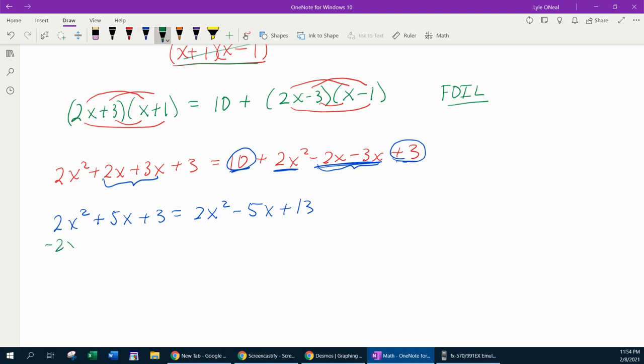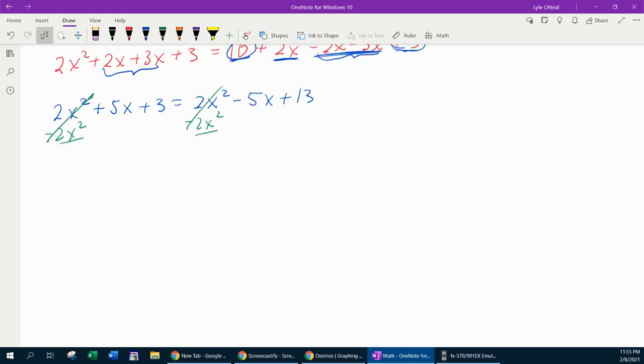What if I subtract 2x squared from both sides? That's legal, right? Whatever I do to one side, I have to do to the other. If I subtract 2x squared from both sides, those are going to cancel. So what does that leave me with? Well, now I've got 5x plus 3 equals negative 5x plus 13.